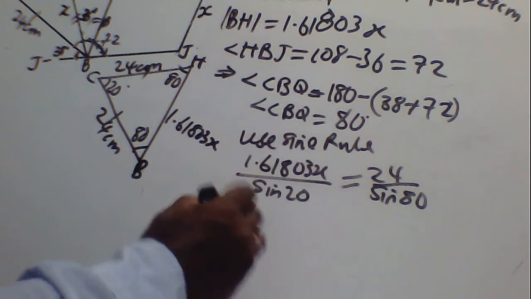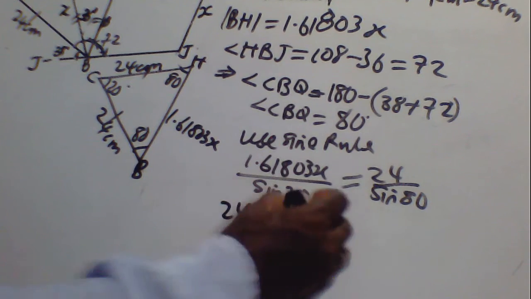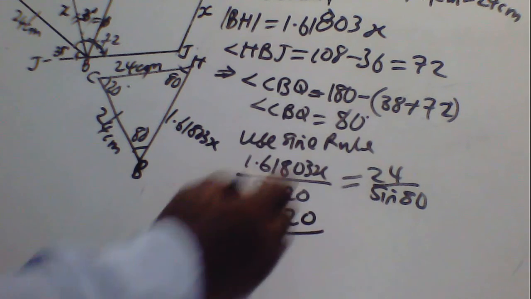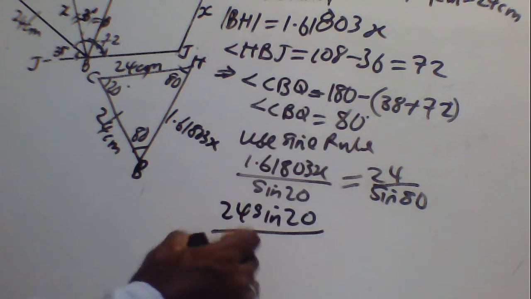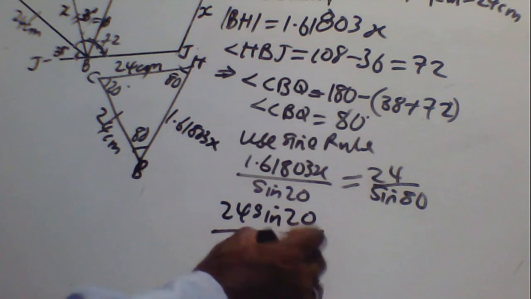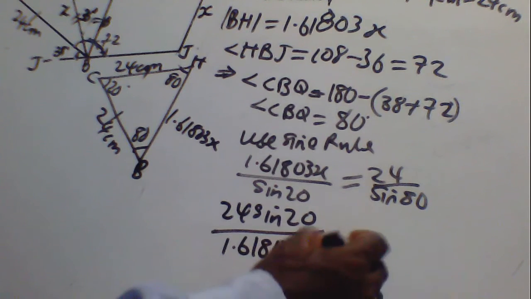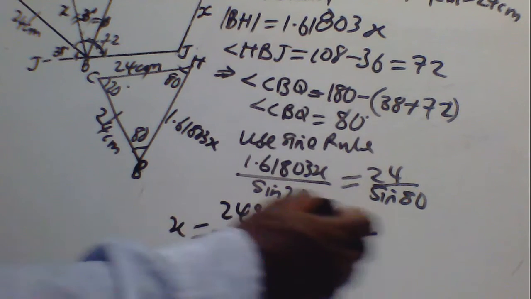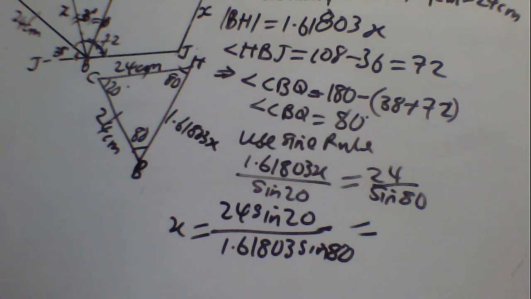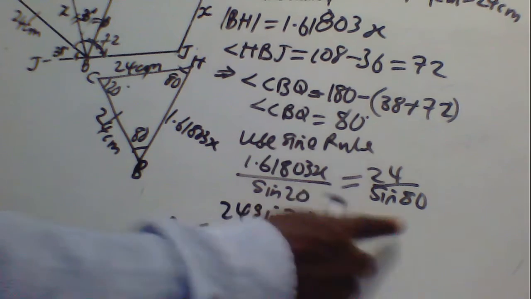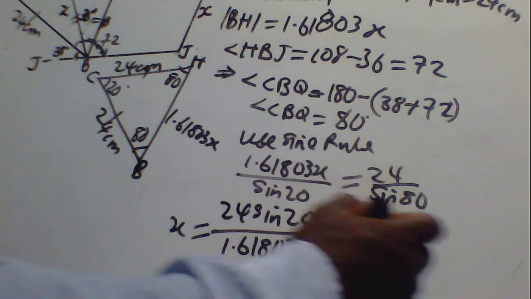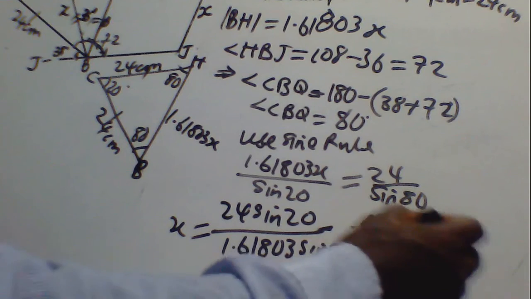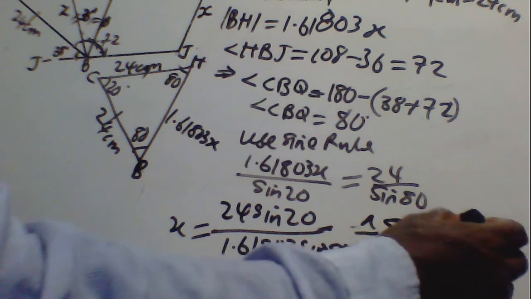So from here you have 24 sine 120 divided by 1.61803 sine 80, and this is equals to x. So solve it, use your calculator. So if you do that, you have x to be approximately equals to 5.1514 cm.